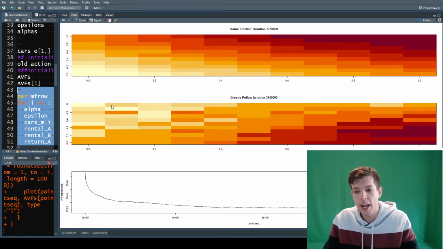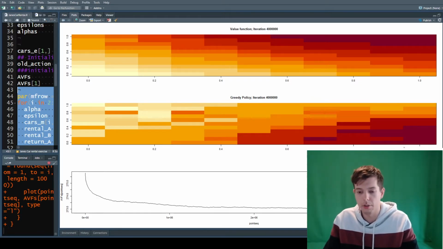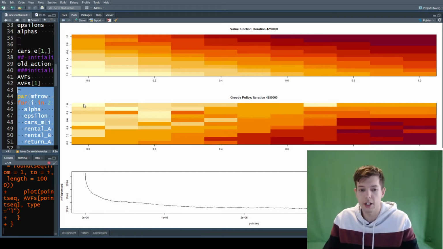And then the brighter the greedy action, the lower the value, and the darker the greedy action, the higher the value. So if I am in the bottom right corner, I only have cars in the first location. I don't have cars in the second location, so I move cars from the first to the second. And that is what the dark red color is indicating.